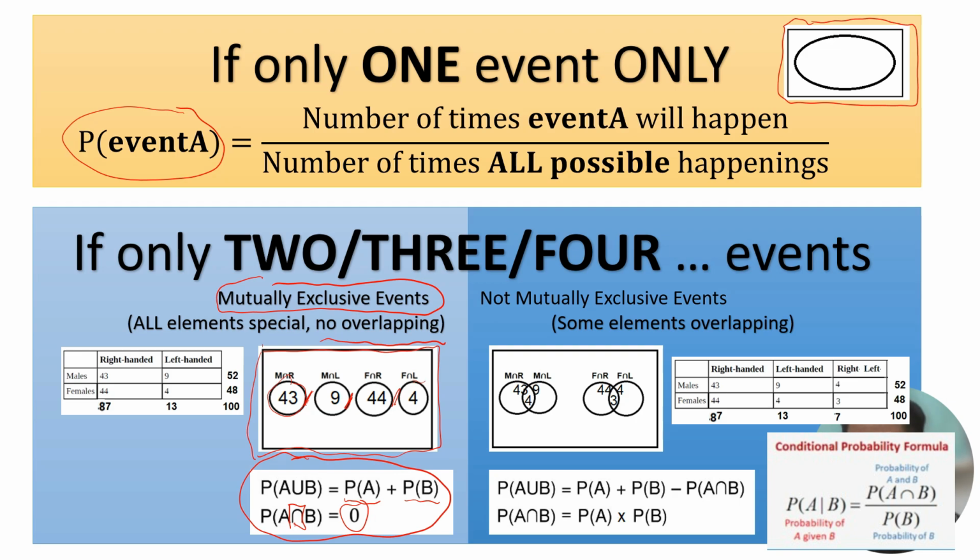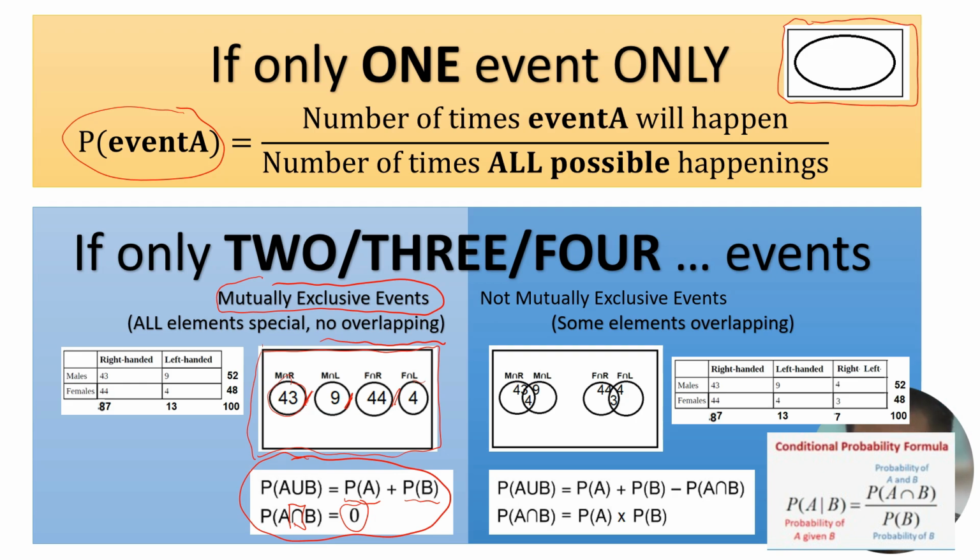For the case of overlapping, for example, we have males who besides using the right hand to write, use the left hand to write. A minority use both hands to write; they are good with both hands.